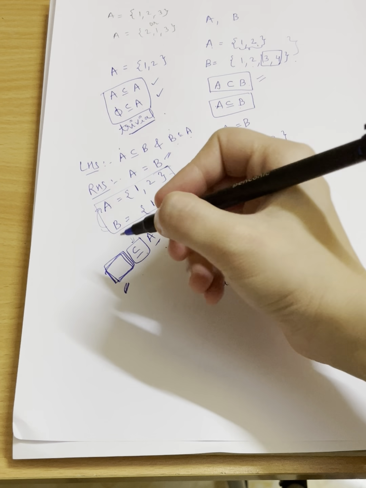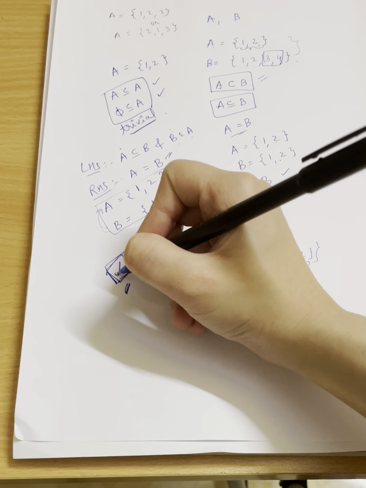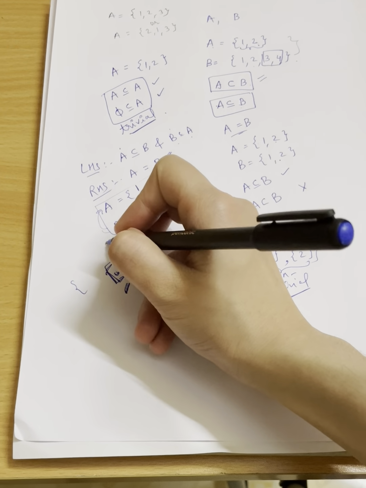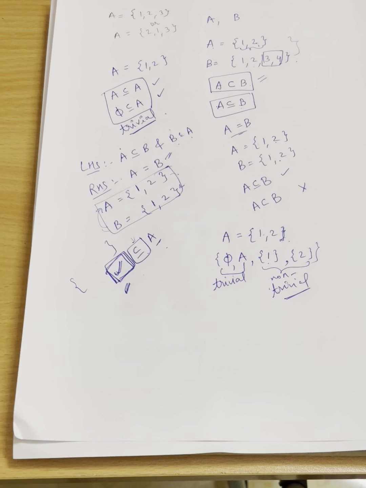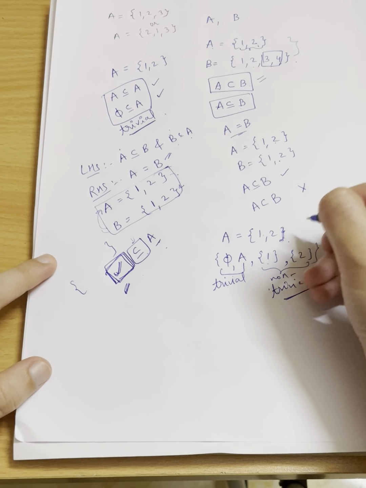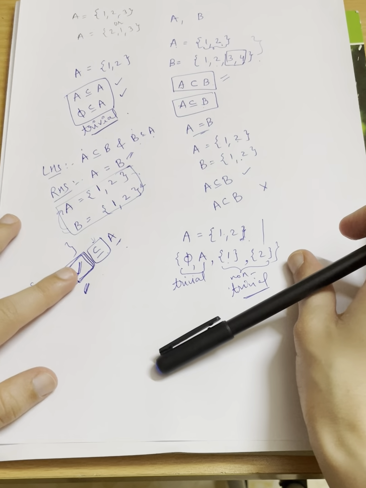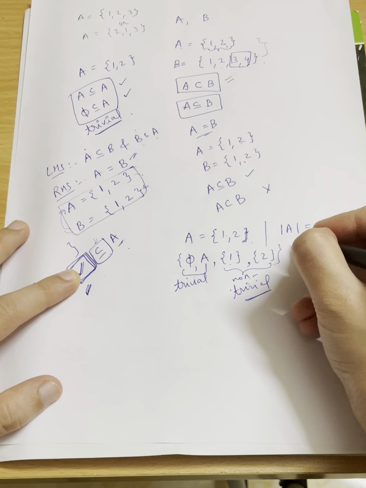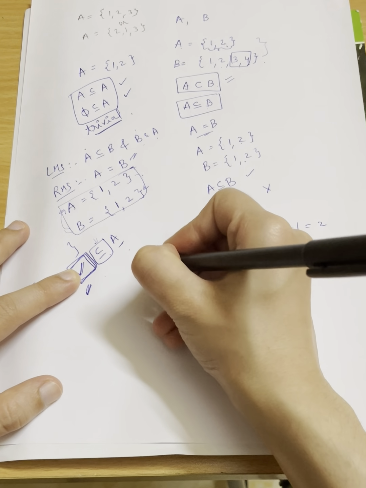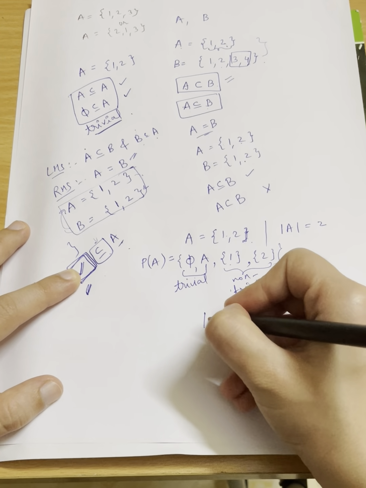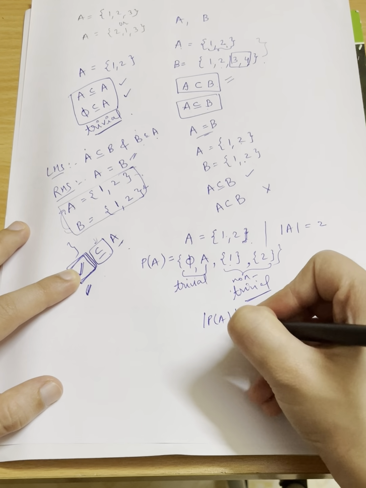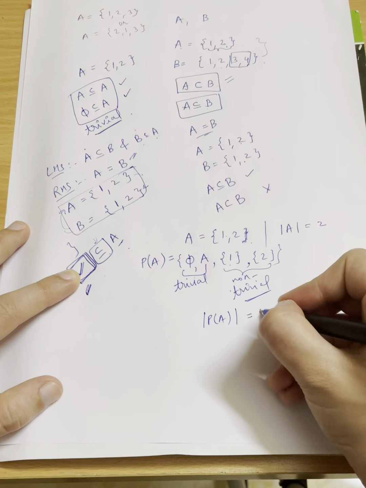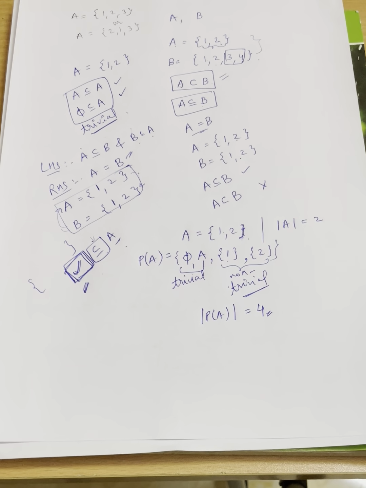Okay, so if you know what a subset is, and if you know power set means all possible subsets of A, you need to find the possible subsets of A. And you can check the cardinality of those also. If you find the cardinality of A, which is 2, you can also find the cardinality of the power set of A, which is 4. You can see some relation.